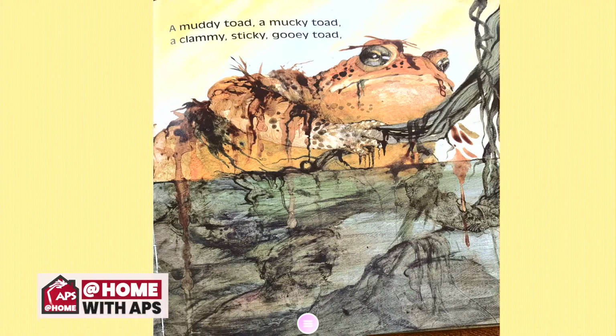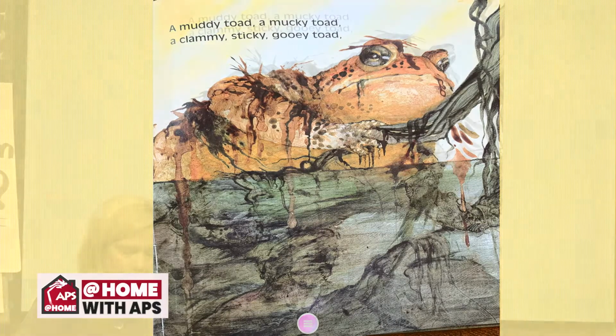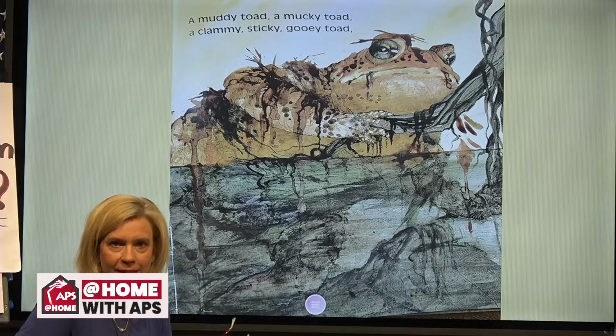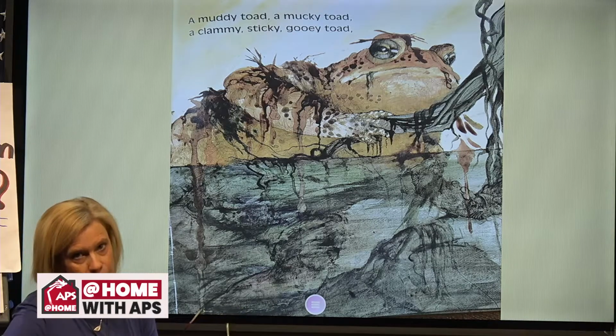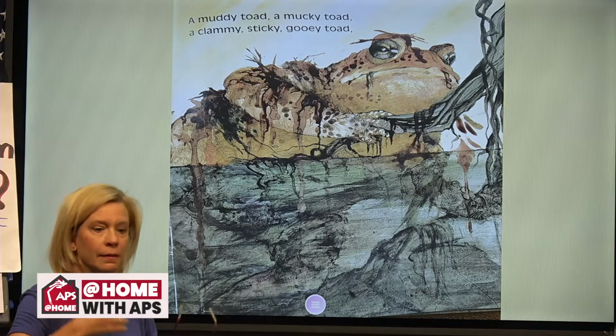A muddy toad, a mucky toad, a clammy, sticky, gooey toad. What does that invoke in your mind when you hear those words? Clammy, sticky, gooey. Now, clammy and sticky make me think of when I'm really hot and sweaty.